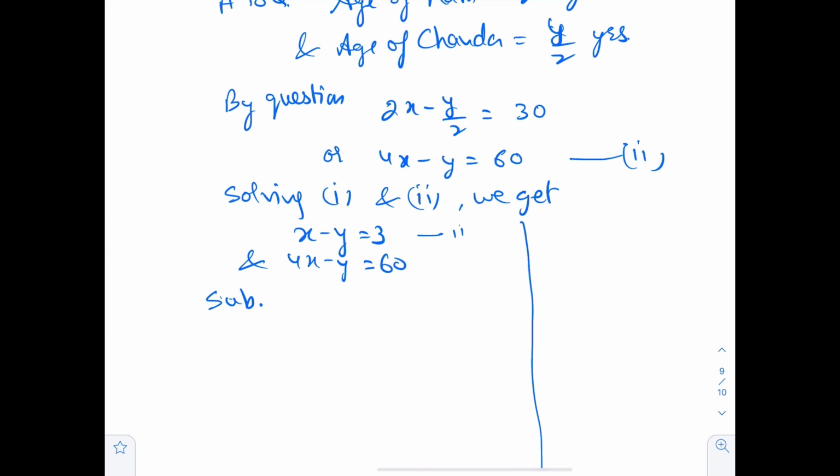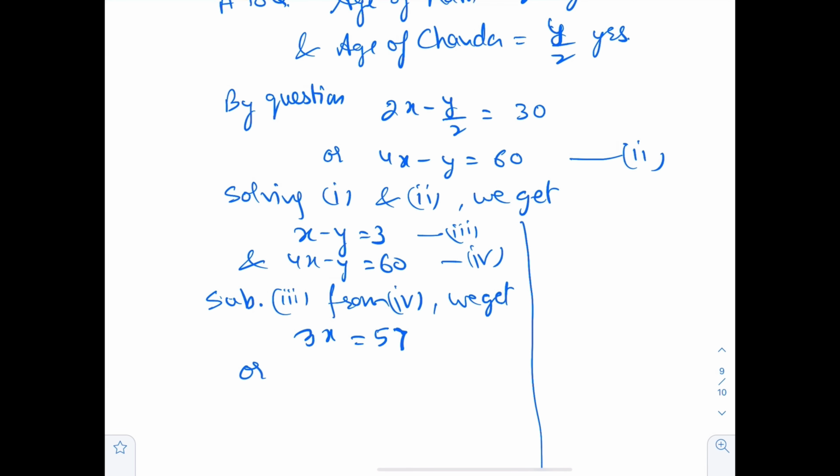This one is equation number 3rd and this is suppose 4. Subtracting equation number 3rd from 4th, we get 3x equal to 57 or x equal to 19.